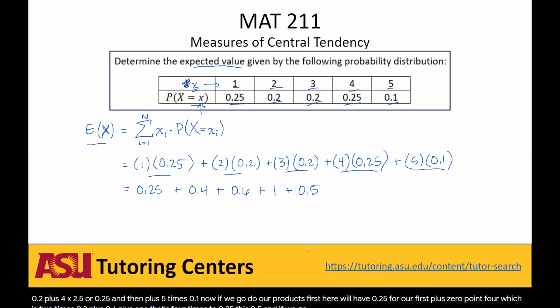And if we go ahead and add these all up, we get 2.75. And this is the expected value of our big X.